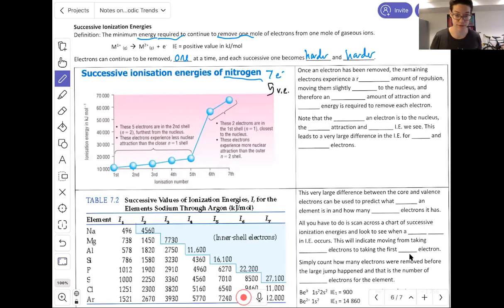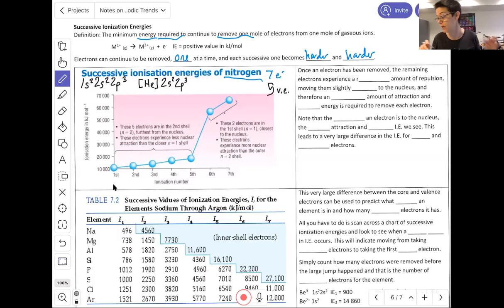Its electron configuration for 7 electrons would be 1s2, 2s2, 2p3, or if we were to write its condensed version, it would be helium, 2s2, 2p3. So if I'm going to pull off an electron, where in my electron configuration is that electron coming from?